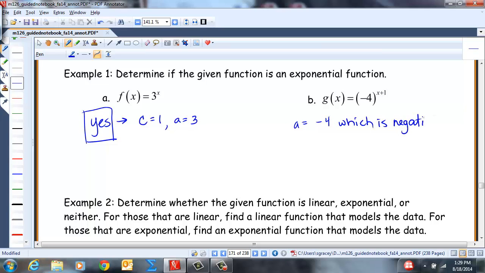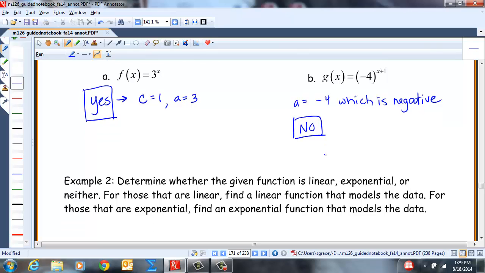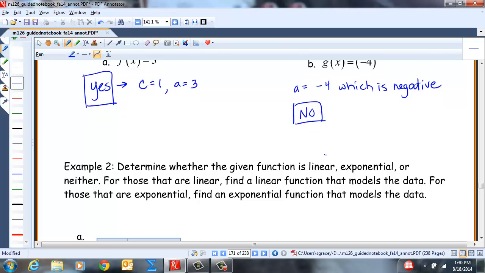What would happen with that is it would bounce back and forth, so you'll get alternating sequences, and you'll learn some about that in Precalculus 2 and then again in Calculus 2.